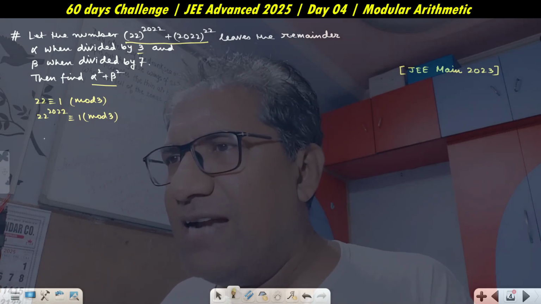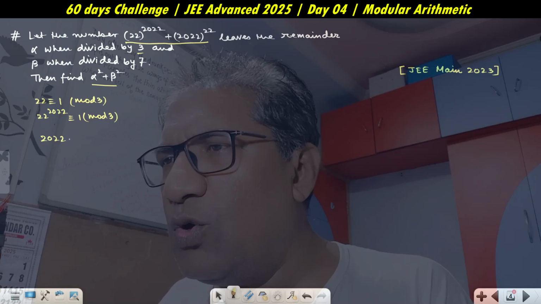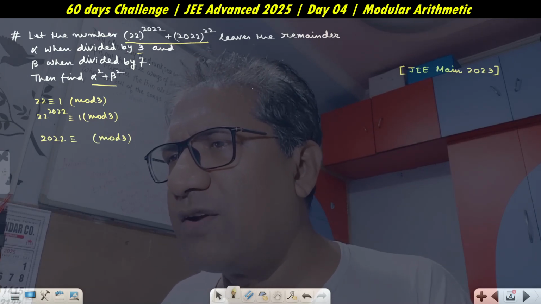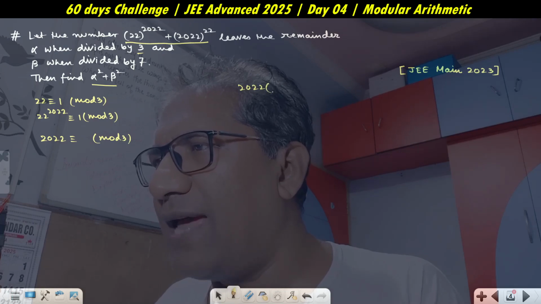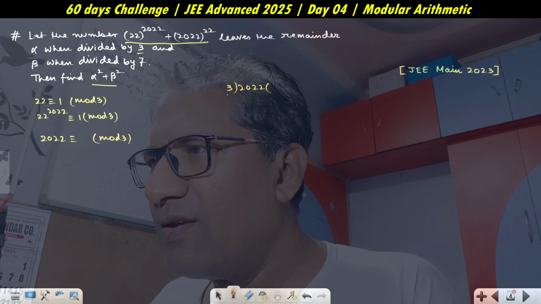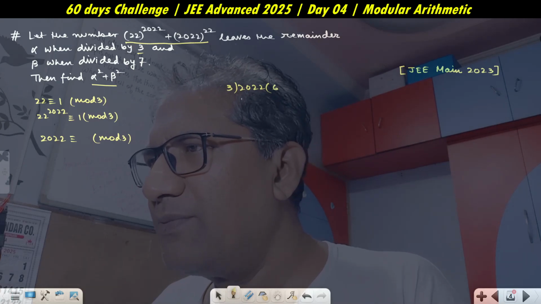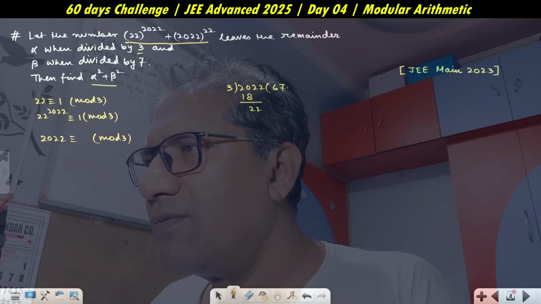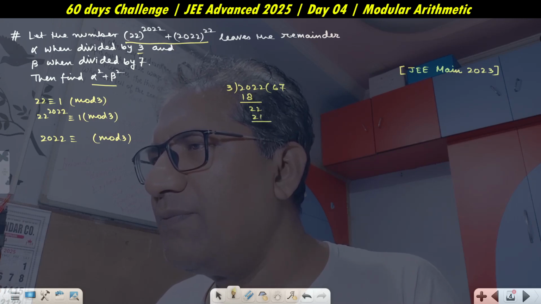Now let us come to 2022 when divided by 3. What is the remainder? Let me just do a little calculation here. This much calculation you have to do. Divided by 3, 7 3s are 21.